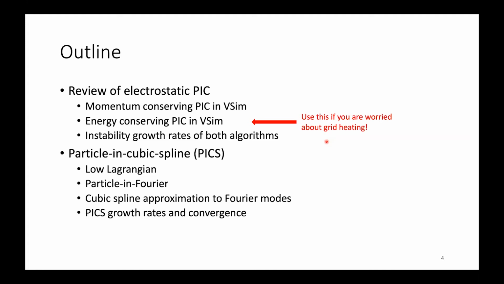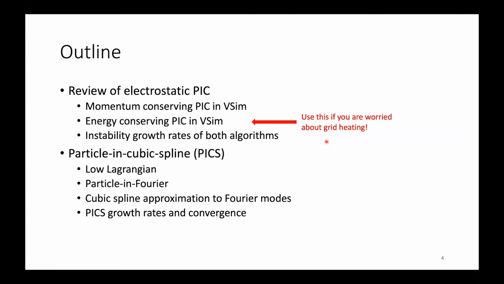Then I'll tell you about a different energy conserving PIC algorithm that we can actually implement into VSim. And to kind of spoil the end of this story, I think you should strongly consider using this energy conserving PIC algorithm if you're concerned about grid heating in your simulations.